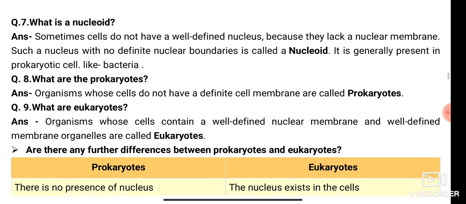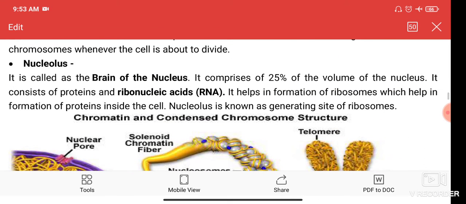Now the question is, one part is pending. The nucleolus is called the brain of the nucleus, and it comprises 25% of the volume of the nucleus. It consists of proteins and ribonucleic acid.